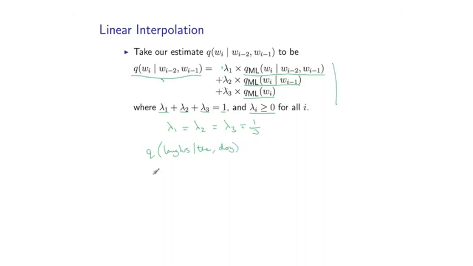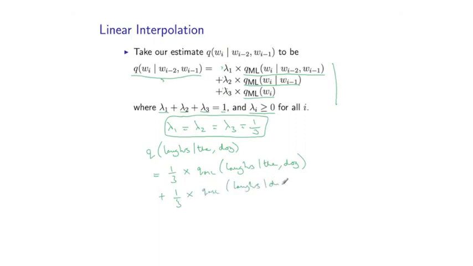Under this definition, and assuming that our lambda values are all equal to a third, we would have 1/3 times the maximum likelihood estimate of laughs given the and dog, and then 1/3 times the maximum likelihood estimate of laughs given just the word dog, and then finally a third times the maximum likelihood estimate of just laughs without any contextual sensitivity.